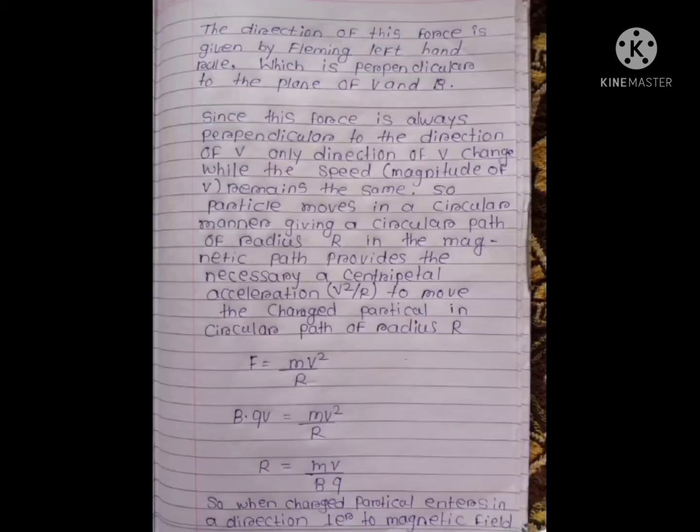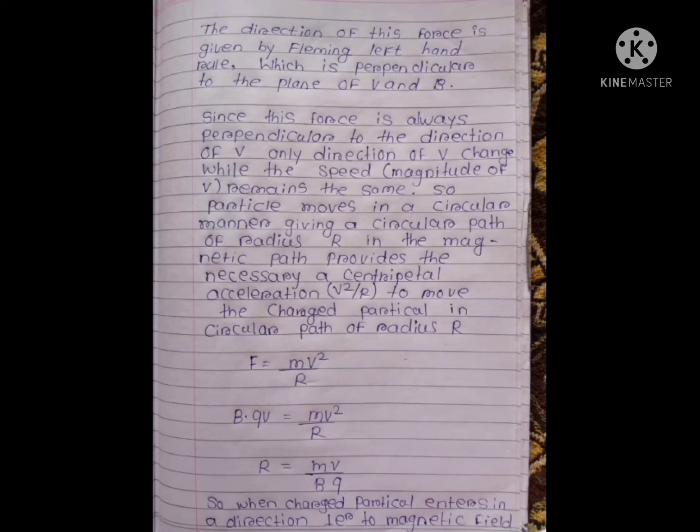The direction of this force is given by Fleming's left hand rule, which is perpendicular to the plane of V and B. Since this force is always perpendicular to the direction of V, only the direction of V changes, with the speed remaining the same.